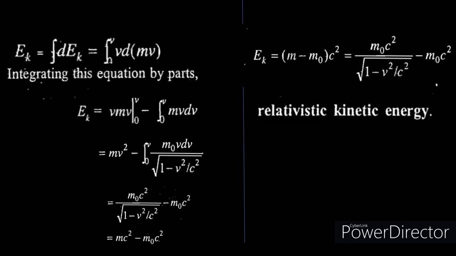So m0 divided by square root of 1 minus v square by c square, we learned from the last class, is the mass of the object. So we can write Ek is equal to m c square minus m0 c square. So you can write the relativistic kinetic energy Ek is equal to m minus m0 into c square.